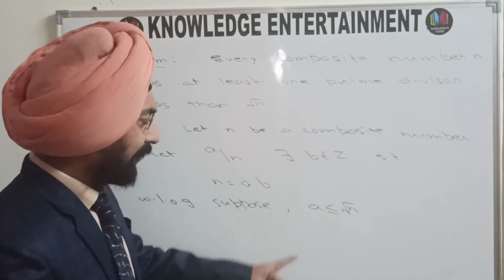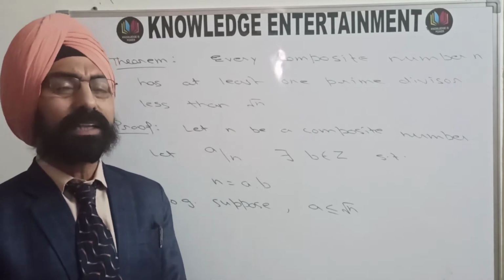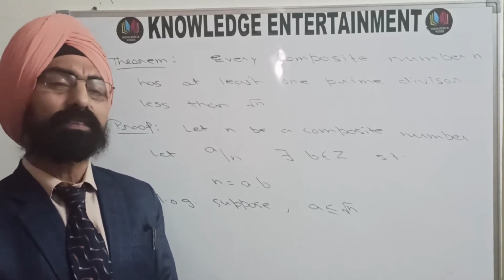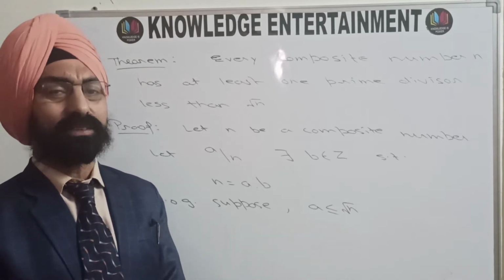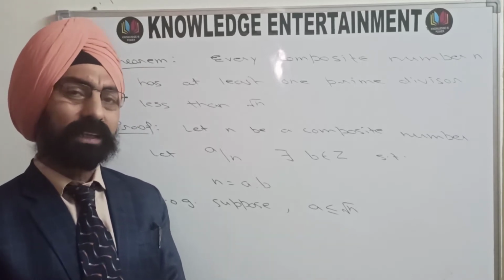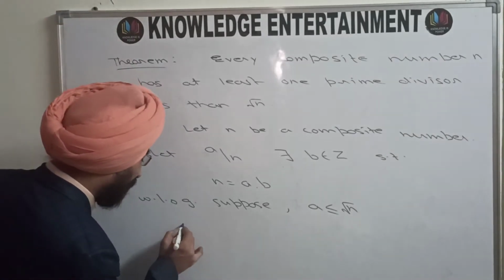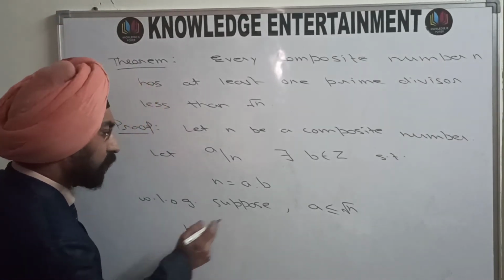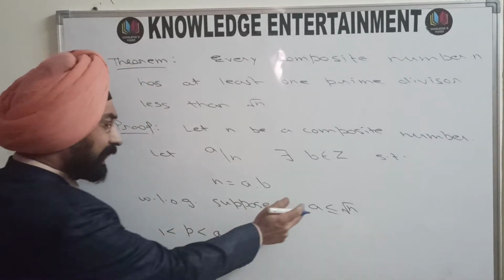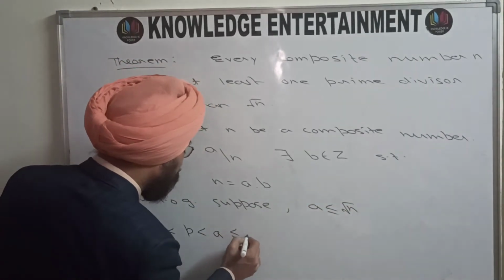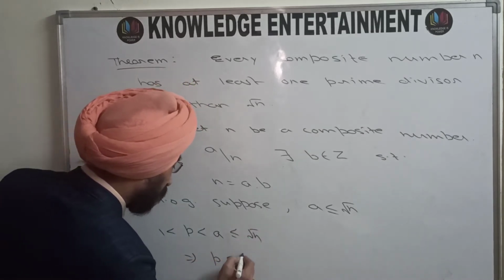And if a is a composite number, then it will have a prime divisor p, which is greater than 1 and less than a, and since a is less than or equal to square root of n, p is less than or equal to root n.